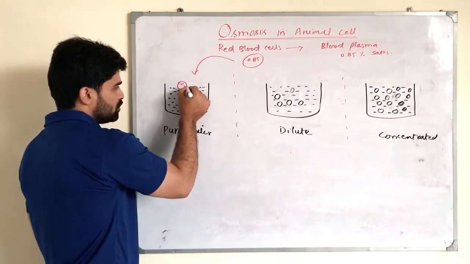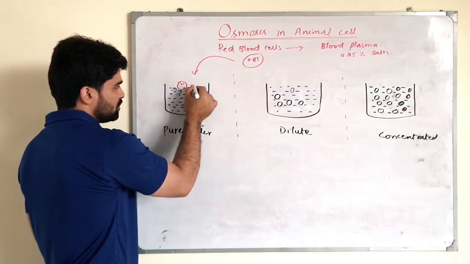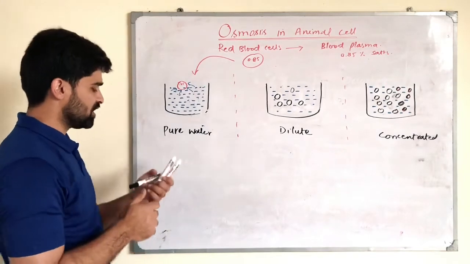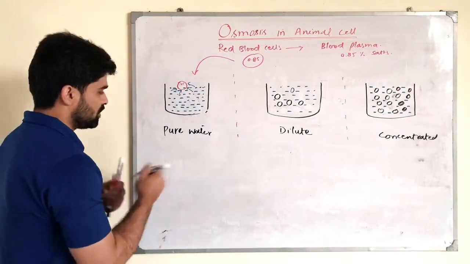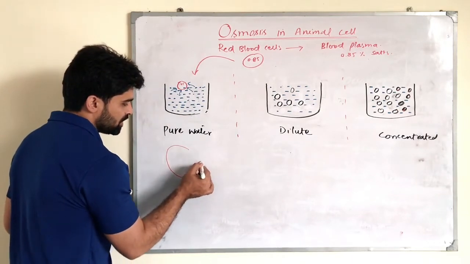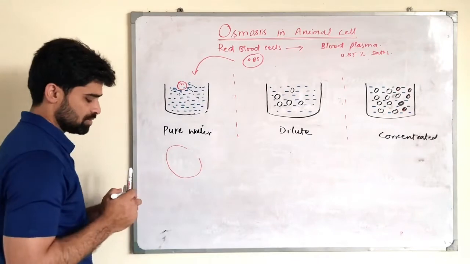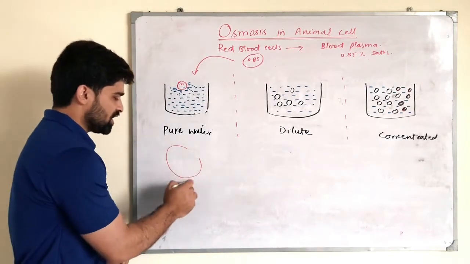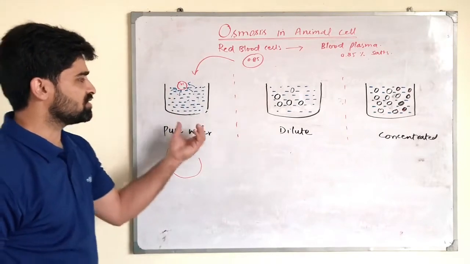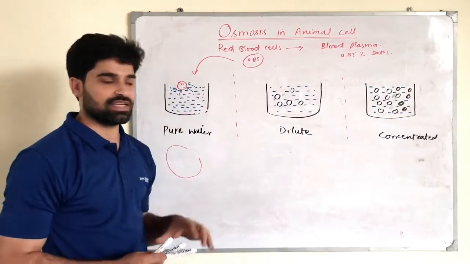The water molecules will move from the higher water potential to the lower water potential, and ultimately this cell will swell up and burst, because the cell membrane is very delicate. So this is one case of osmosis in the animal cell.